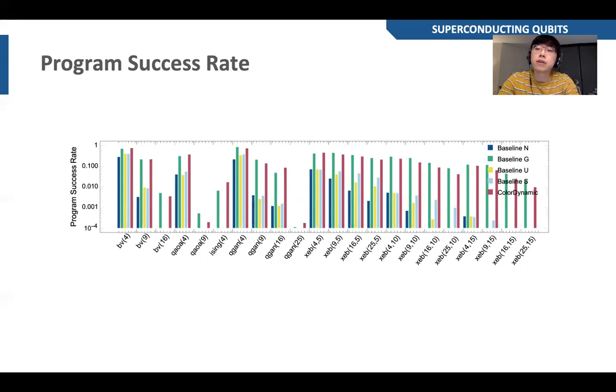This is a great example of how a software solution, co-designed with hardware, accomplishes drastic systematic performance gain.